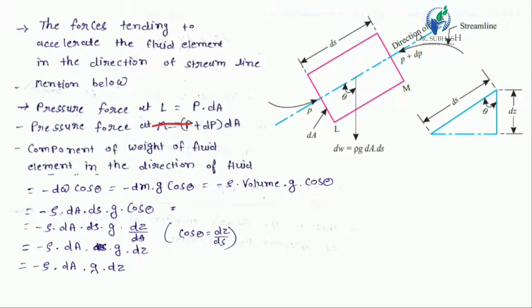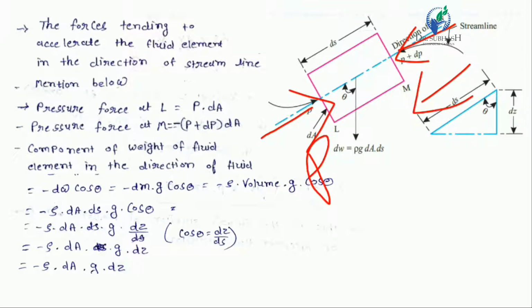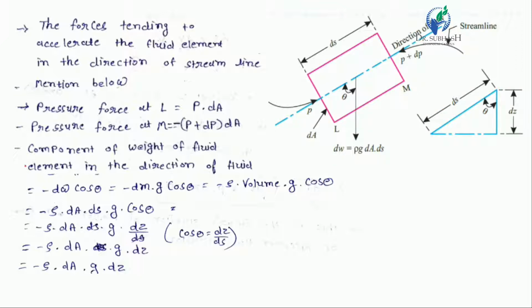But the sign is negative, because the direction of this pressure is opposite to the flow direction, from L side to M side. So the sign is negative.